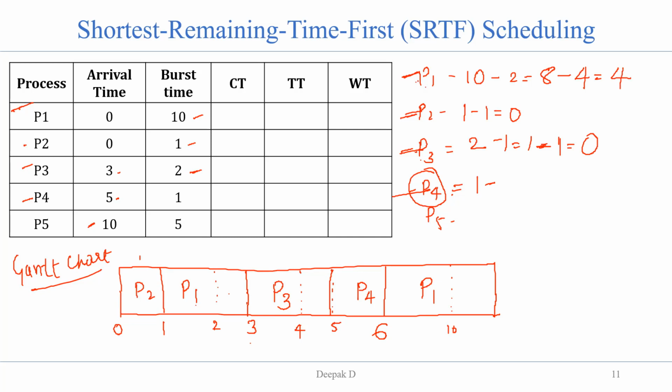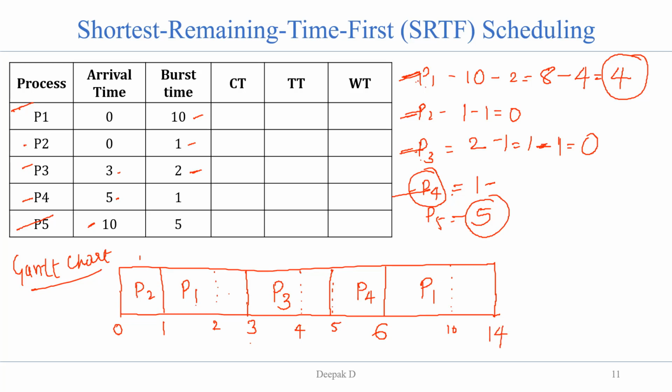And at the 10th millisecond, P5 has arrived. What is the burst time here? 5. Now P5 and P1 are compared. P1 has the shortest, so P1 is allowed to complete its execution. Here I can write 14.